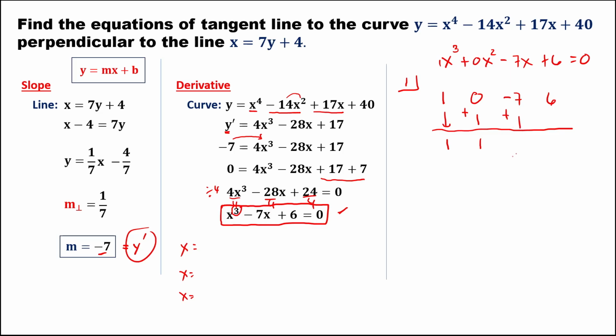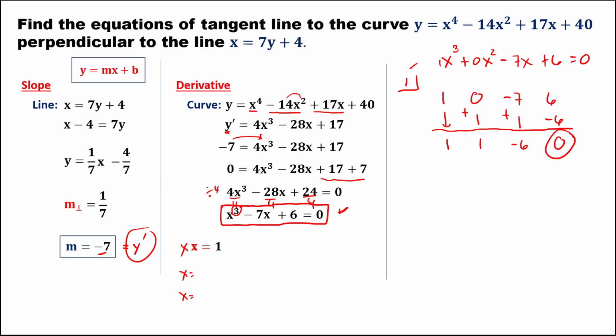So negative 7 plus 1, this is negative 6, then negative 6 times 1, this is negative 6. Since the remainder is 0, therefore 1 is a root of this equation. So we now have our first value, x equals 1.